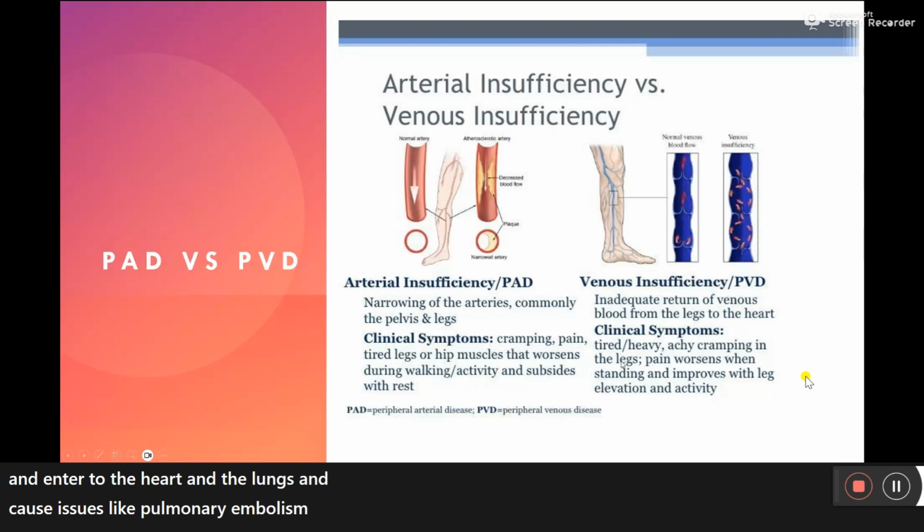So the patient is going to complain of fatigued, tired, heavy, achy, cramping legs because we have volume overload in the legs. It's holding on to excess volume there in the veins in the lower extremities. Pain is going to worsen when they stand, and it's going to improve with leg elevation or with the use of compression devices, compression socks, hose.